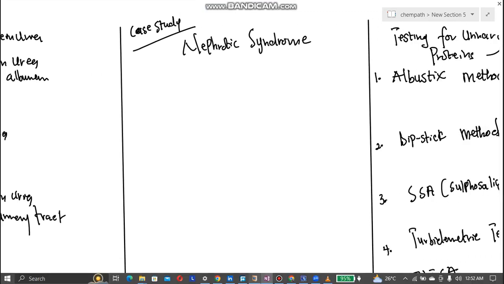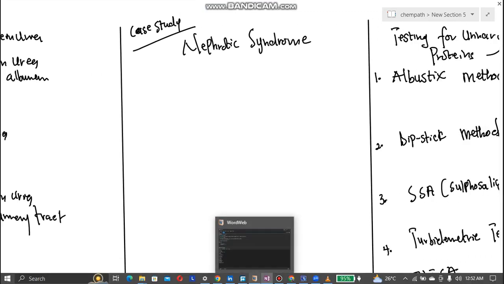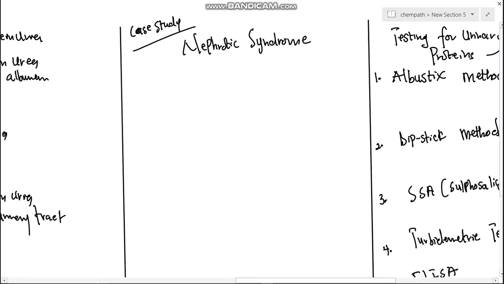Now, our case study. Let's talk about nephrotic syndrome. Nephrotic syndrome is basically a disease that is characterized by, one, massive proteinuria. It is estimated at at least 3.5 grams per day.